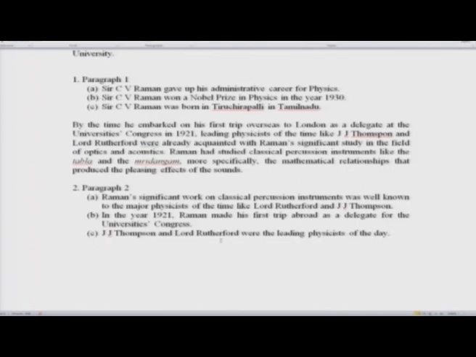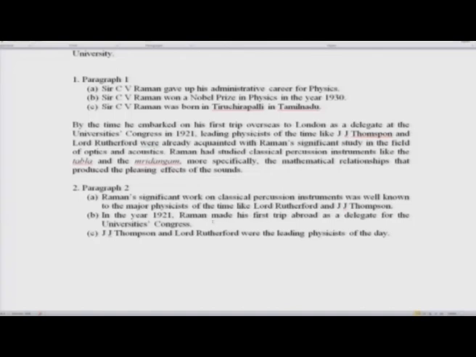These two names are mentioned, of course, but recall the text is about Sir C.V. Raman. So, what is the connection? That is missing here. In the year 1921, Raman made his first trip abroad. Yes, this talks about his first trip overseas, but is that a very important thing here?